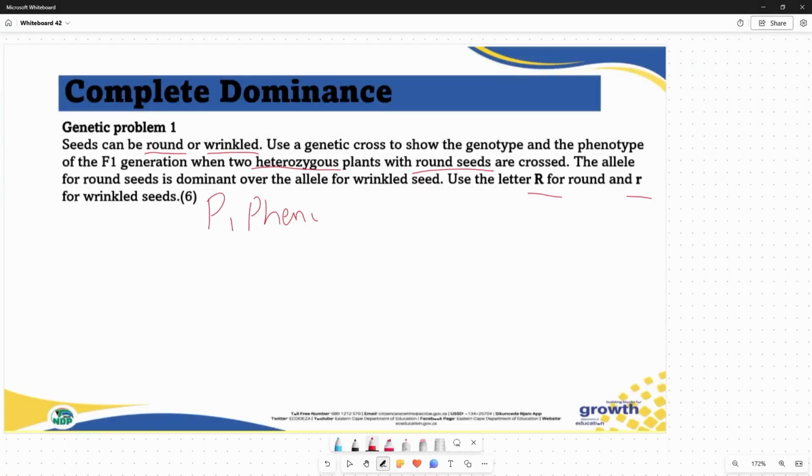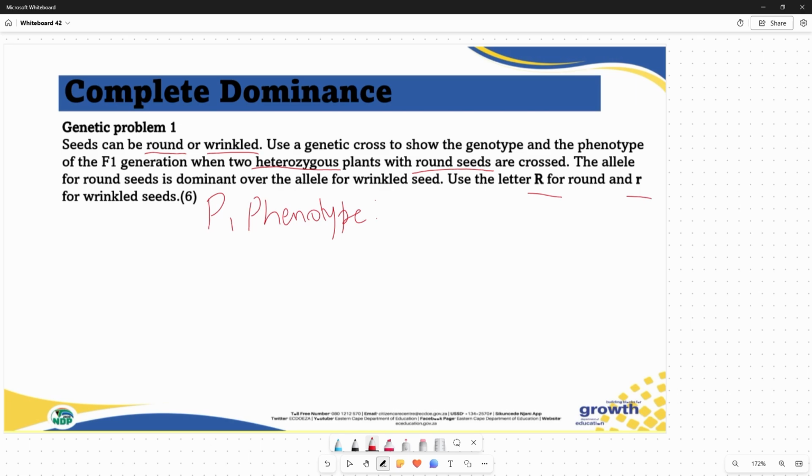Now, let us do our cross. Remember, always when you do a cross, the first thing that you need to do is write P1. Out of the P1, you have to show the phenotype of the parents. So let us look, what have we been given? The allele for round seeds is dominant. Use these letters.